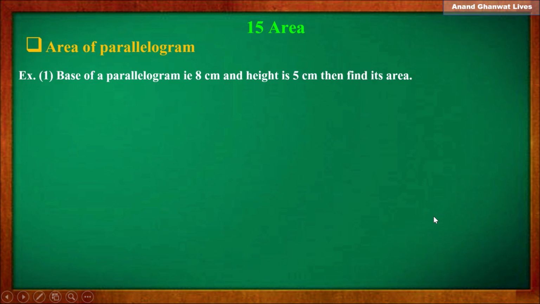First example: the base of the parallelogram is 8 centimeter and height is 5 centimeter. Then find its area. So write the formula first. Area of a parallelogram is equal to base into height.